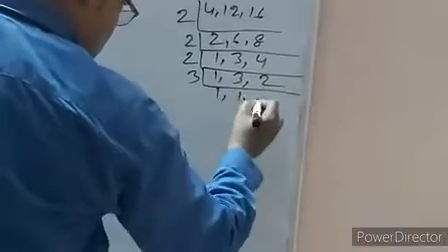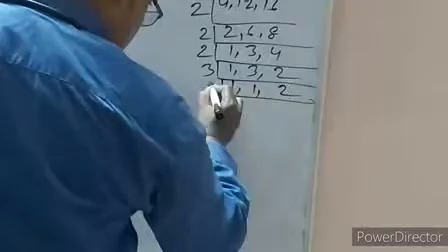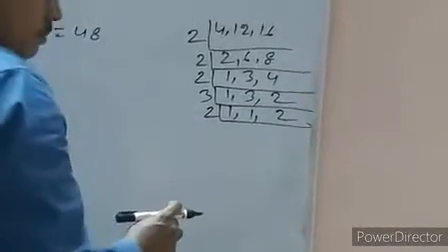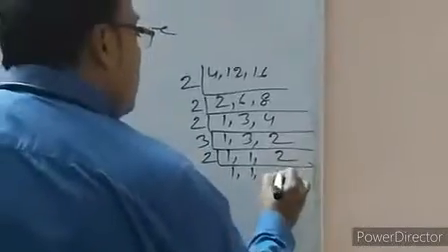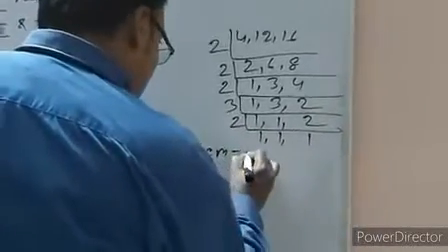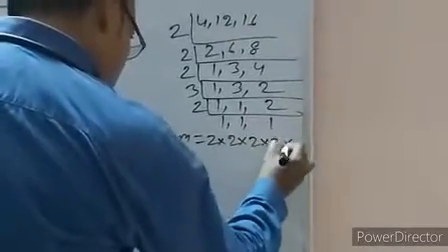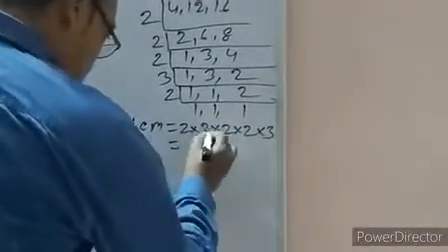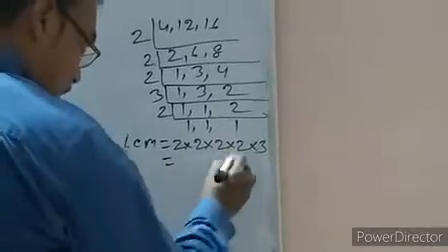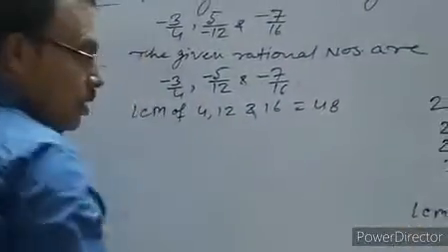So LCM equals 2 into 2 into 2 into 2 into 3, which is 48.